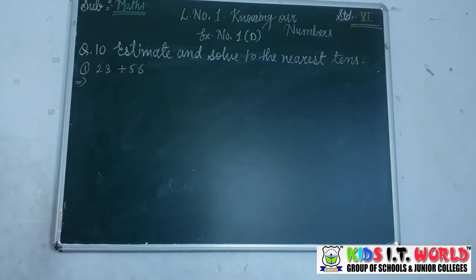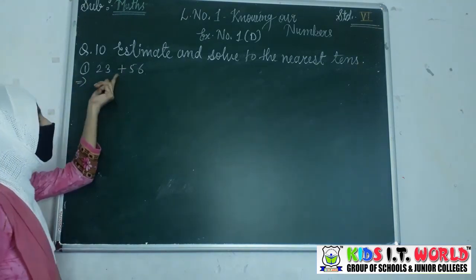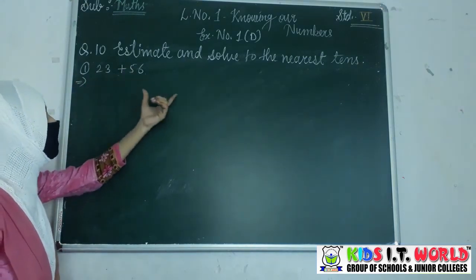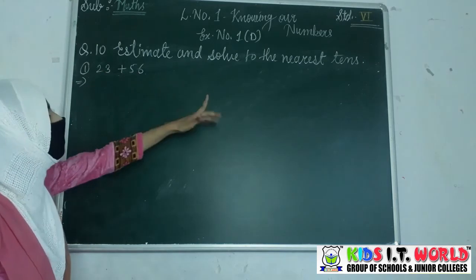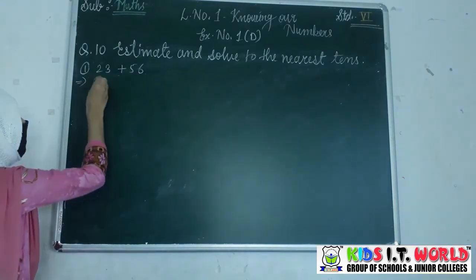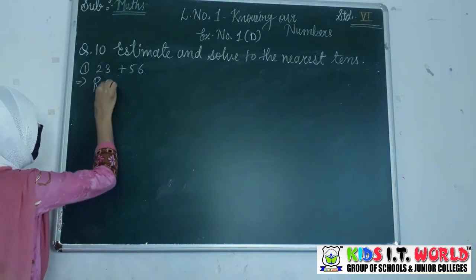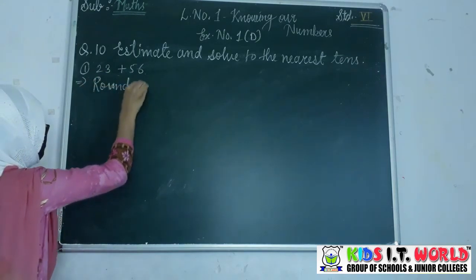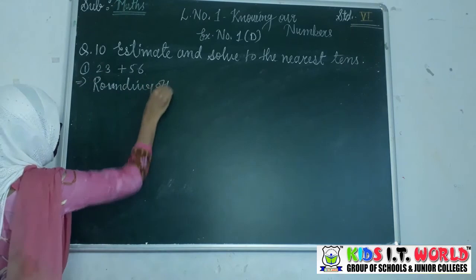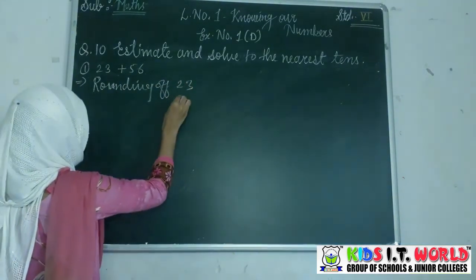First of all, round up this value, then do the addition, find out the answer, and then round up that value to the nearest ten. So here, first of all, we will round up these values, 23 and 56.